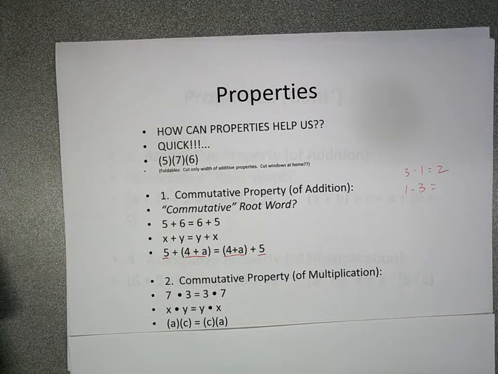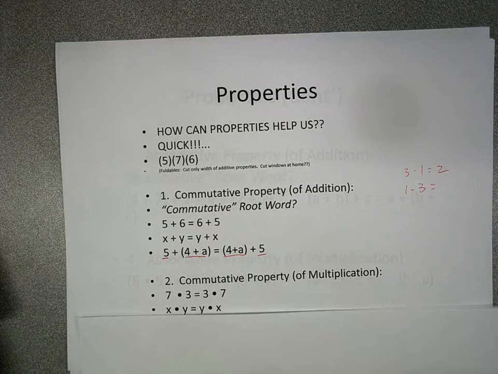Just because it has parentheses doesn't mean it's not multiplication. They're flip-flopped around from one side of the equal sign to the other. So there's only commutative property with addition and multiplication. Those are the first two properties. Okay, questions on commutative property?